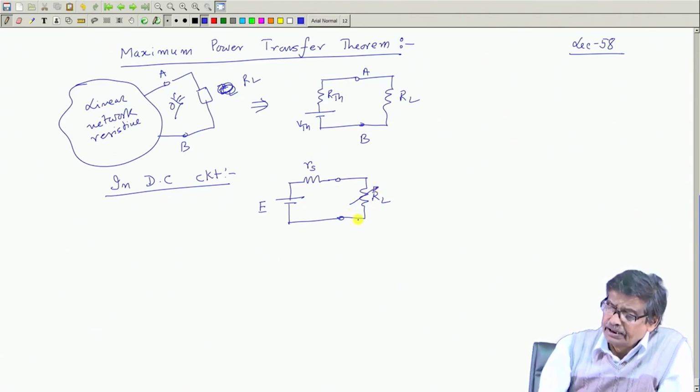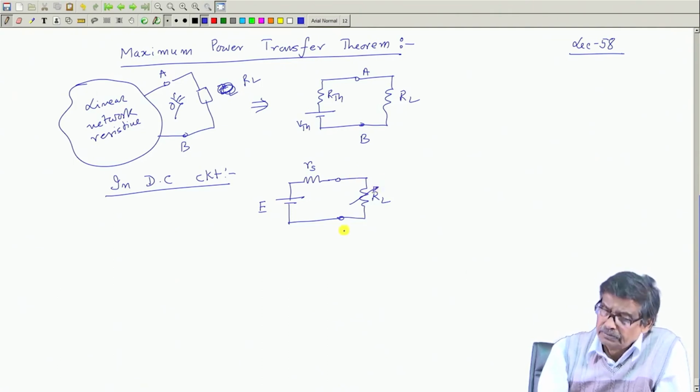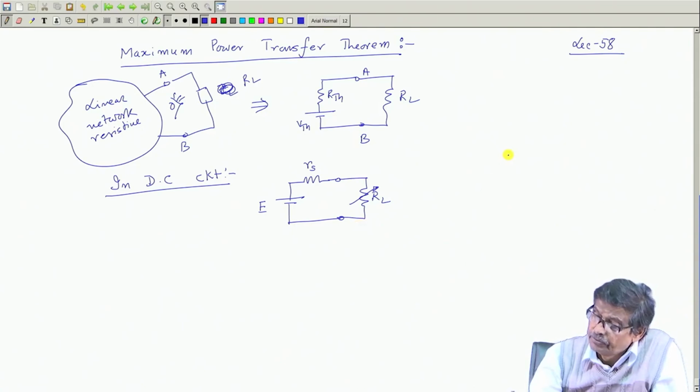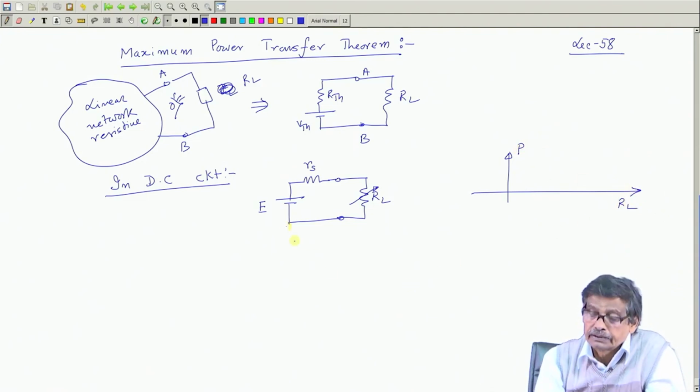As you can see, if RL is equal to 0, output power will be 0, because there will be current, but RL is 0. Similarly, if RL is very high, are you getting? Suppose I am plotting here power versus RL in this network.